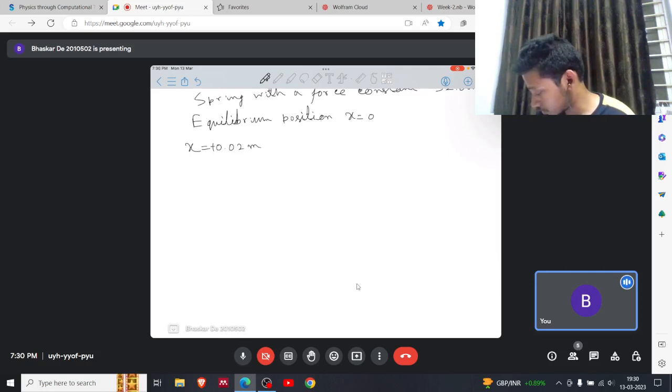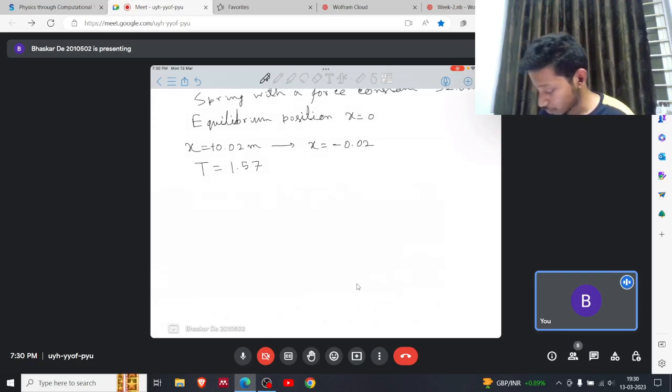The block is released from rest and oscillates between x equal to plus 0.02 and minus 0.02. The period of motion is given as 1.57.